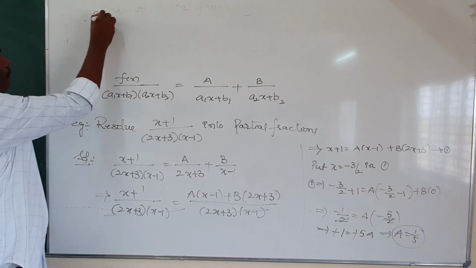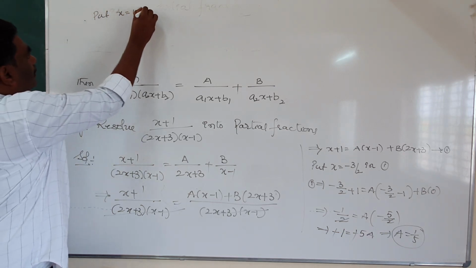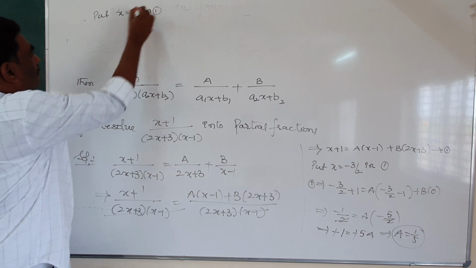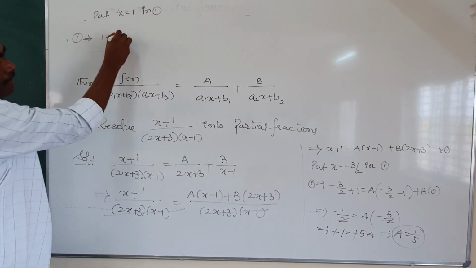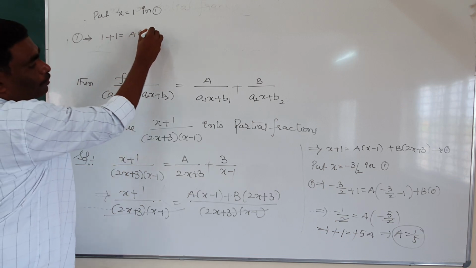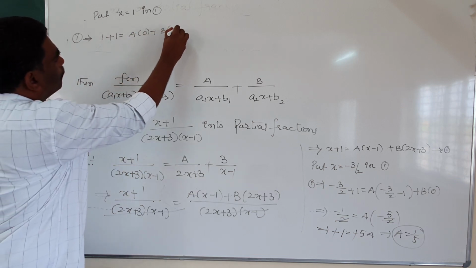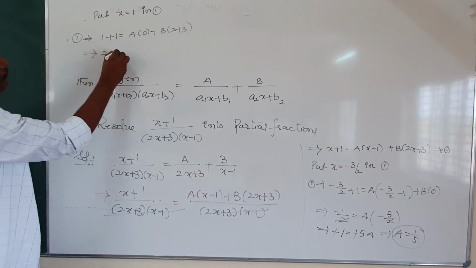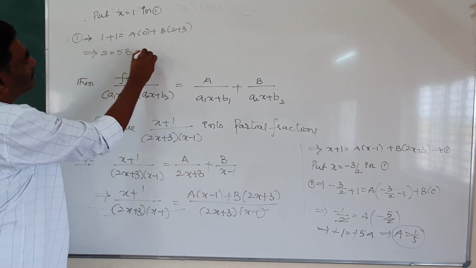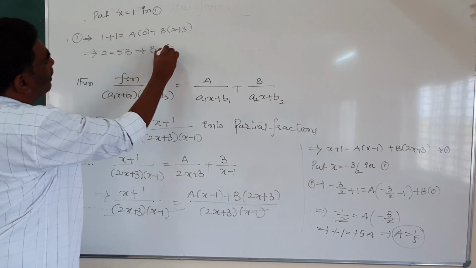Put x = 1 in equation 1. Then 1 + 1 = A(0) + B(2 + 3). That implies 2 = 5B. Then what is B? 2/5.